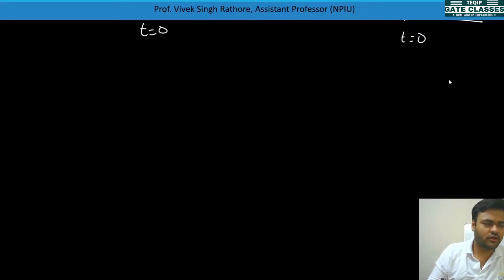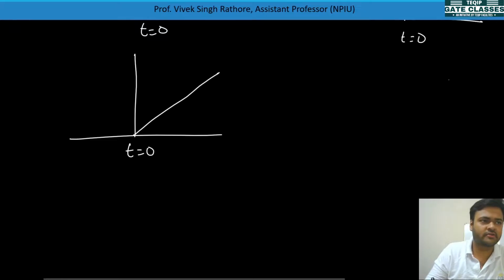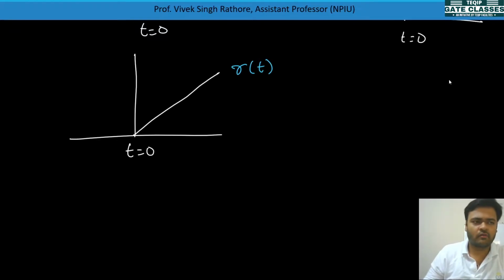Now we'll do these operations on the ramp signal. Let's first plot our ramp signal. At t equal to 0 there is a change of slope. This is called the ramp signal, and it is represented as r(t). Now if we need to do time scaling, we need to do r(at).